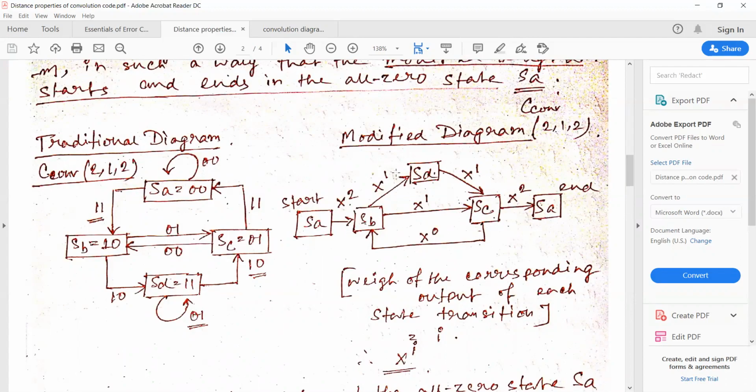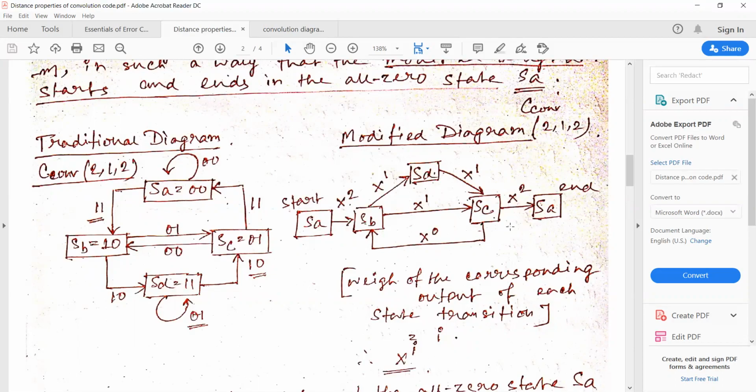From this diagram you can see that there are two possible paths. One is SA SB SC SA, this is the straight line, and another path is SA SB SD SC SA.